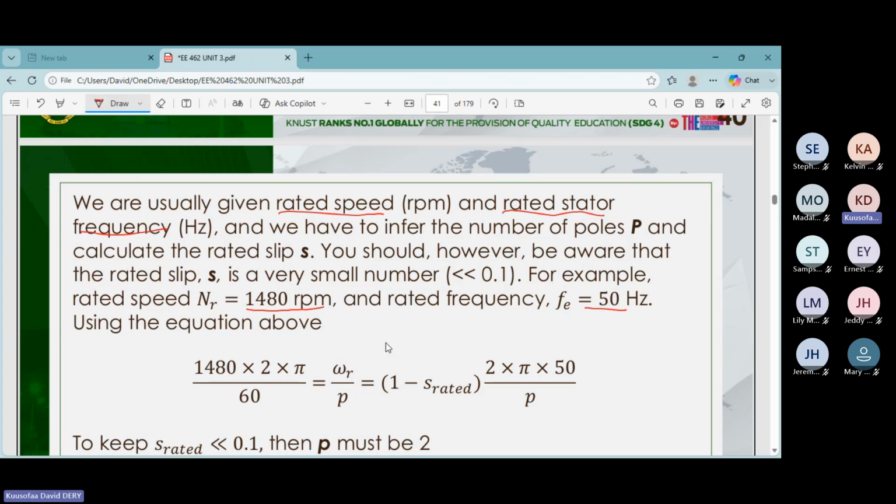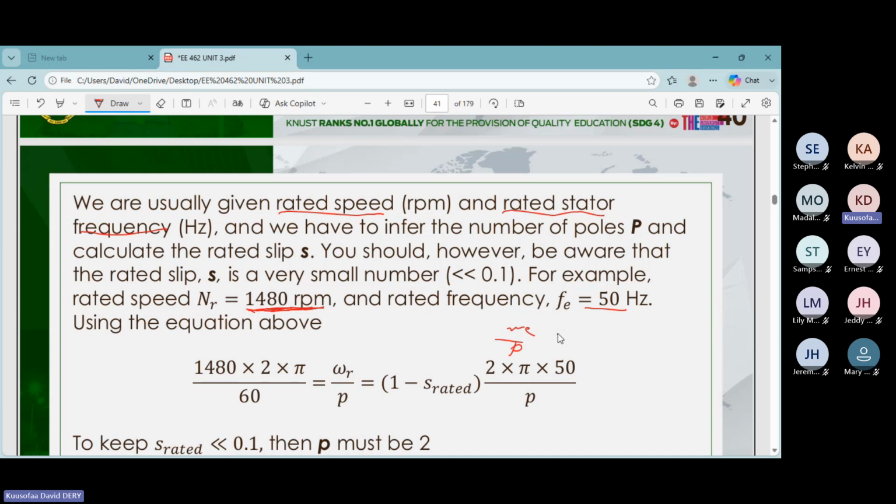So we know that this is given in what? RPM, which is the mechanical value, right? So we convert it to rad per second. When you convert it to rad per second and equate it to this particular formula that we have, (1 − s) multiplied by ω_e over p.